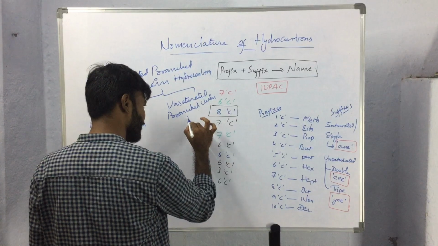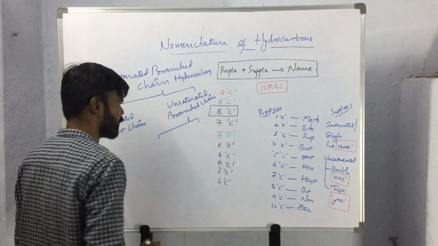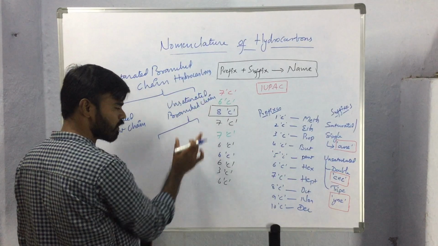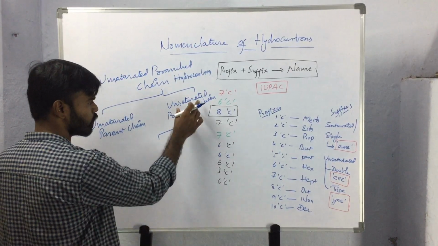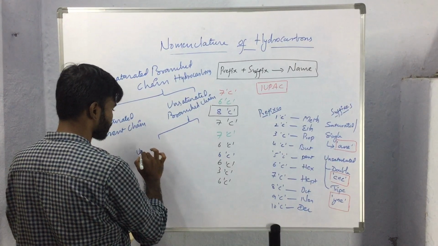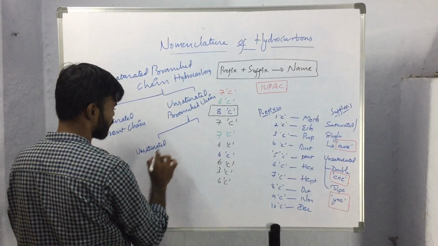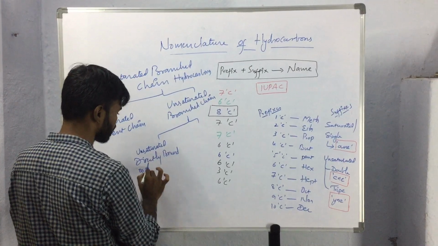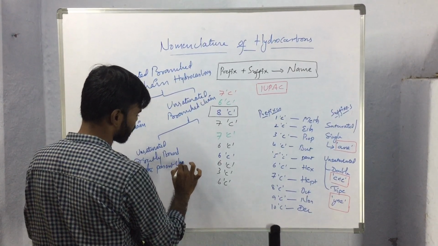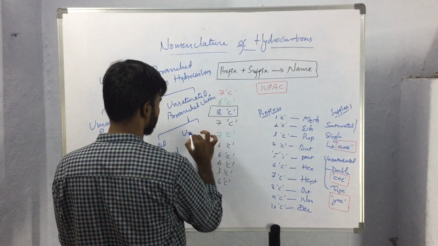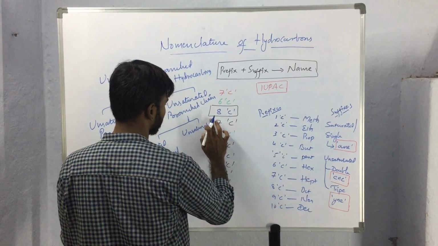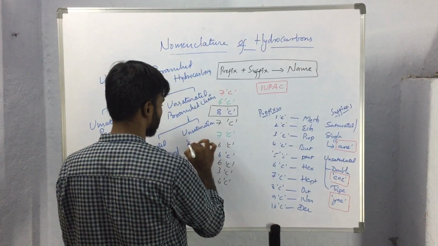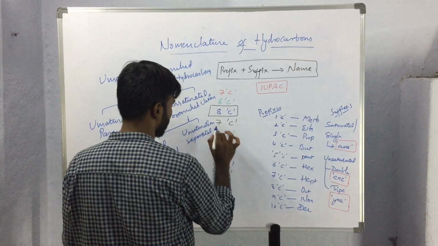Here also again we have two categories based upon the position of the unsaturation in the branched chain: whether the unsaturation is directly bound to the parent chain, or whether the unsaturation is separated from the parent chain by one or two carbon atoms.